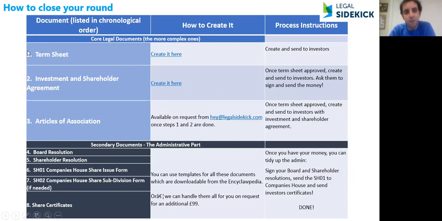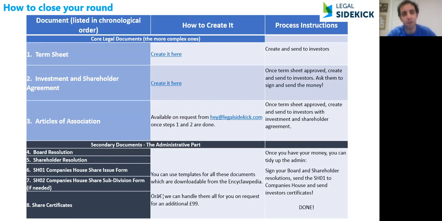So first thing that you'll usually do, once you've got the headline terms, the Dragon's Den style stuff like £200,000 for 20%, what your investors are then expecting is for you to send them a term sheet.